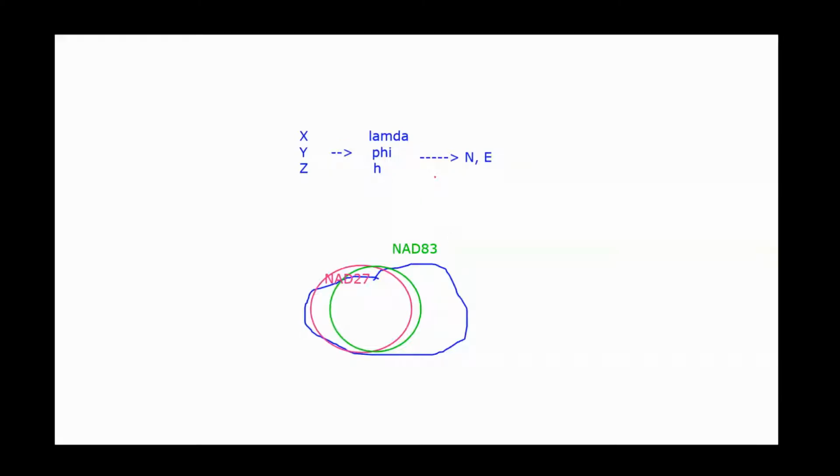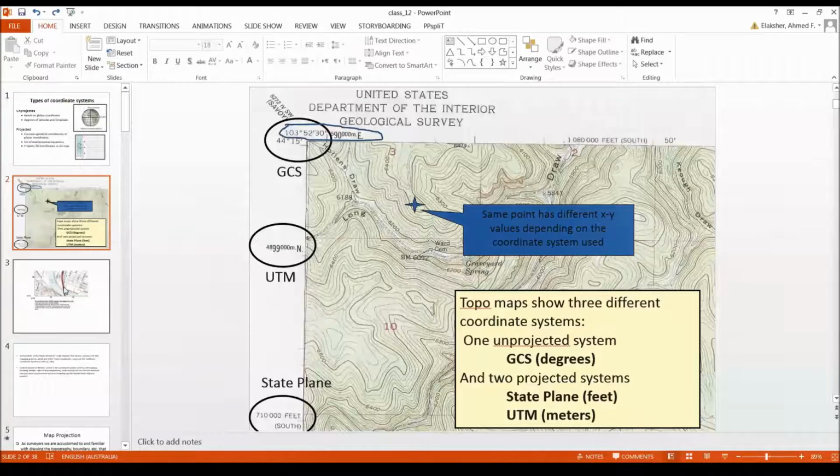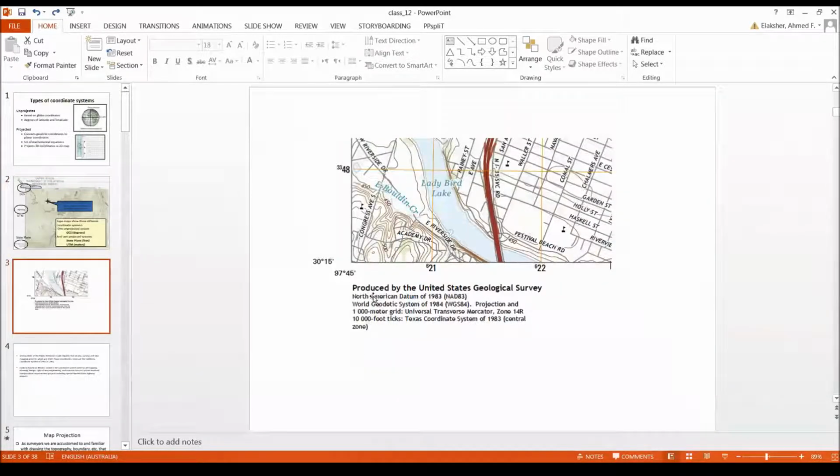So that's why one of the important things when we do our maps, like the topo maps here, is that when you look at it, it says this topo map is based on the WGS 84. So that's the base of this map projection. It's an NAD 83, and it's using the WGS 84. That is very important.